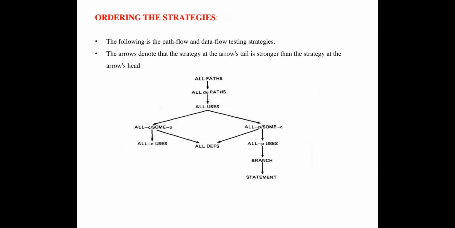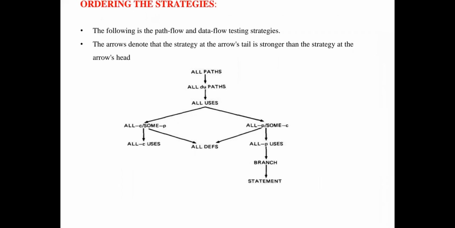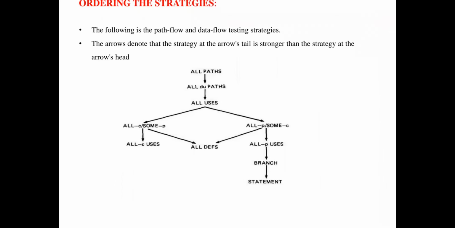The next one is the ordering of the strategies, that is, how the strategies are represented in a particular order. All paths come first, next we apply all DU paths, then all uses, AU. These are divided into 2 parts.